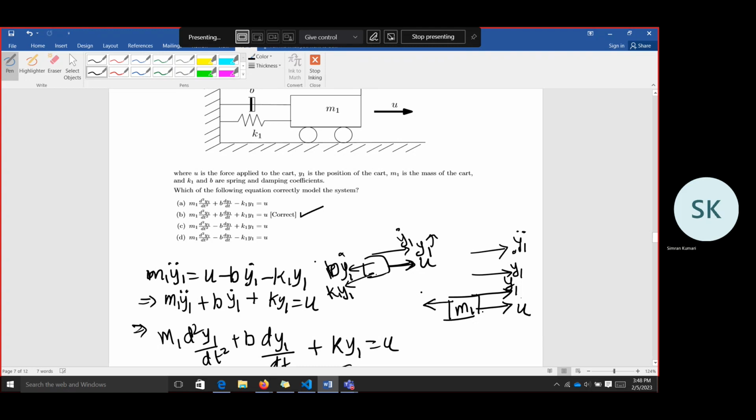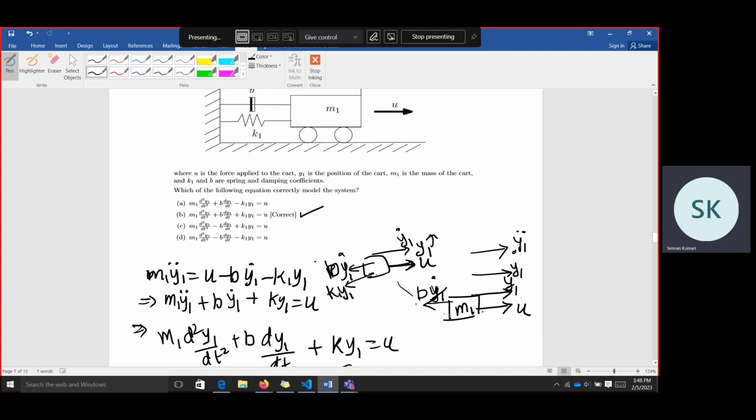So this will be B y1 dot, because of damping the force is proportional to the velocity. And there is this spring which is also resisting, not dissipating, but converting or transforming the kinetic energy to its potential energy.